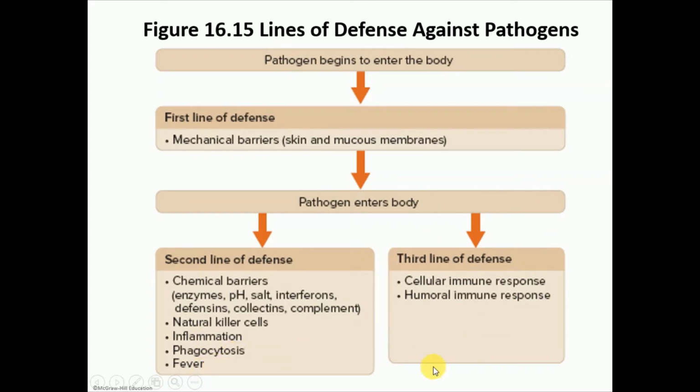You also have another line of defense, and that's your third line, which are your cellular and humoral immune response. These can actually work at the same time. So you see here that they're on the same level, time-wise, meaning that you don't have to wait for this to fail in order to activate this. They can both be activated at the same time.